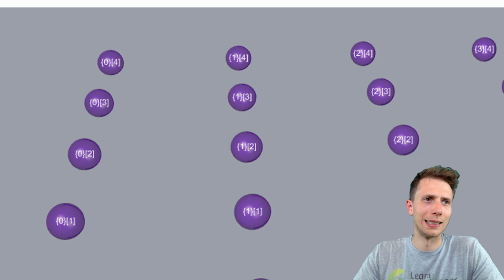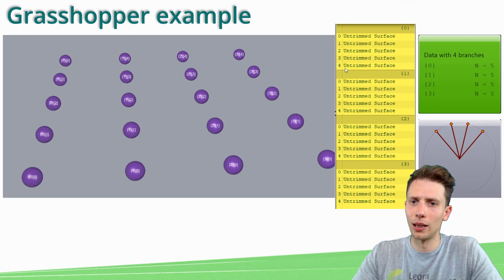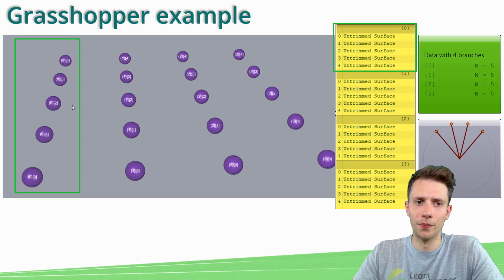So first of all, I will go to the first example. Let's say that we would like to take these first 5 items. As you can see, there is a 0 in the curly brackets, so we are looking for items which start with 0 in curly brackets. As you can see, all of those elements are here.